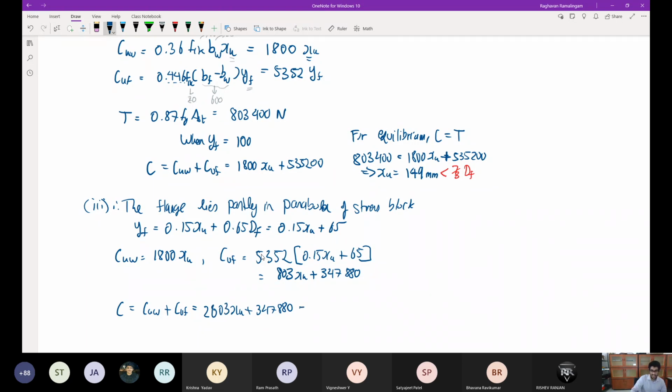This should be equal to, for C equals T, 803,400. Meaning, what do you get for XU?